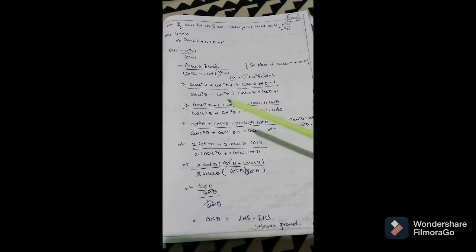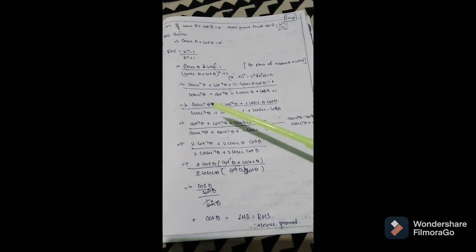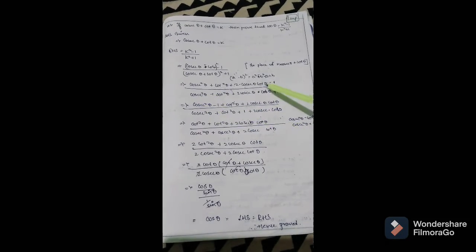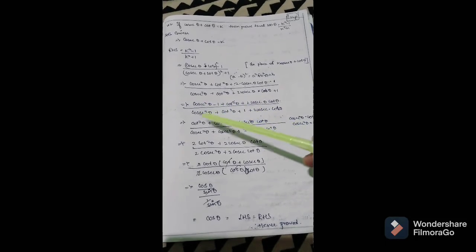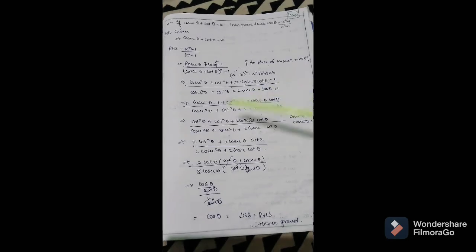Next we'll write these values before. Cosecant square theta minus 1 is an identity. Here also cot square theta plus 1 is also an identity. So if you write it here, it will be easy to simplify.